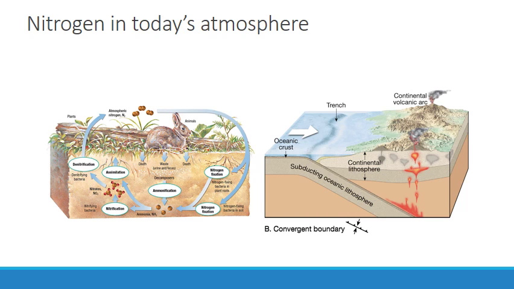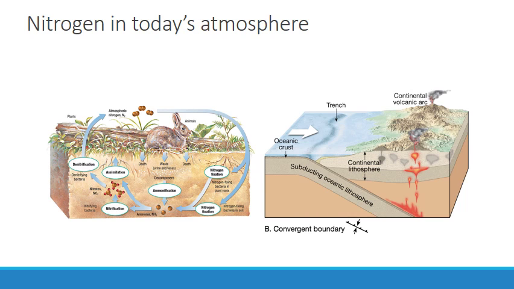These are two of Earth's lithospheric plates, an oceanic lithosphere and a continental lithosphere converging or colliding. Because the oceanic lithosphere is more dense than the continental lithosphere, it subducts beneath the continental lithosphere.